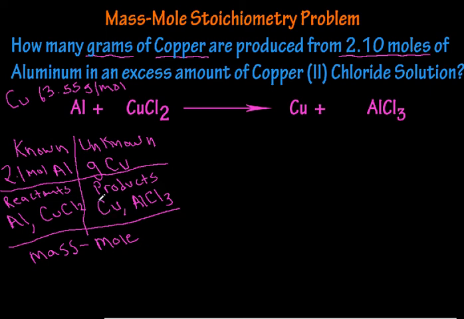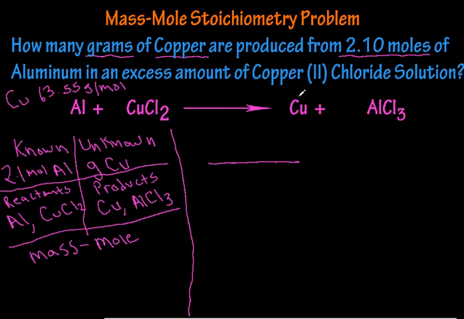Okay, once we're done with our table, we write our fraction from our balanced coefficients. So what's our fraction going to be? Remember, the unknown always goes on top. What's the unknown? How many grams of copper? So we go in front of copper, and oh, this isn't balanced yet.